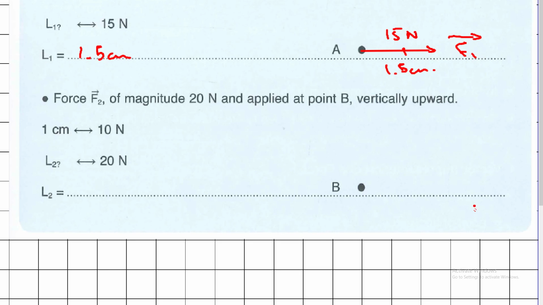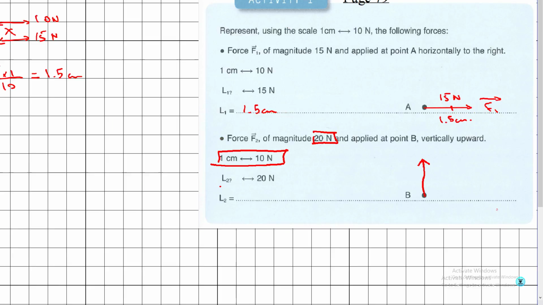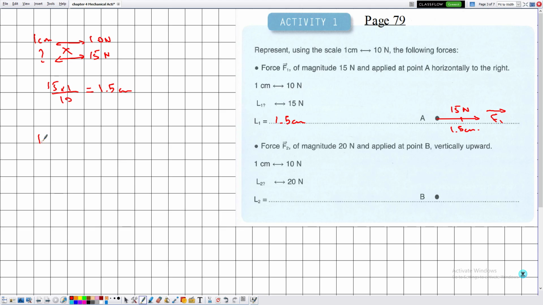Now as for the second force F2, they gave me the properties. So it's being applied at the point B vertically upwards, so it's something like this. But now we need to specify the length of this vector, knowing that its magnitude is 20 newtons, and we are representing this vector using the scale 1 centimeter corresponds to 10 newtons. So 20 newtons corresponds to what?